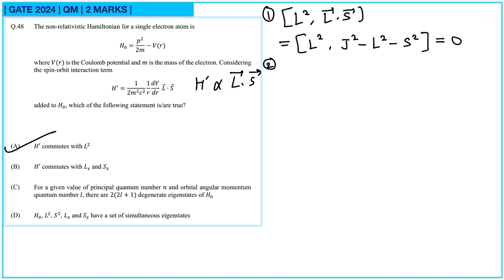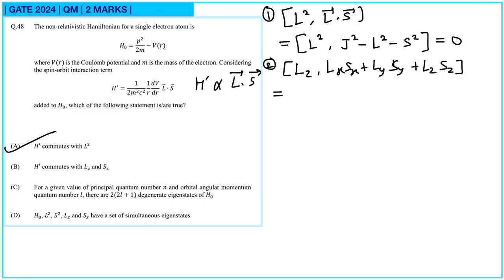Now for the second option, we have Lz here. L dot S will be Lx Sx plus Ly Sy plus Lz Sz. Now we have to open this bracket, separate it all out and then solve it.